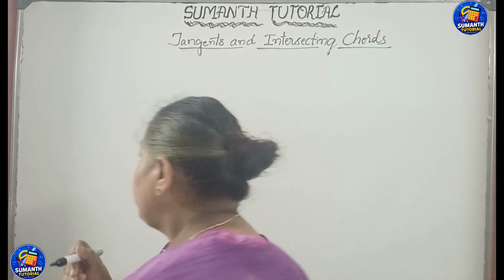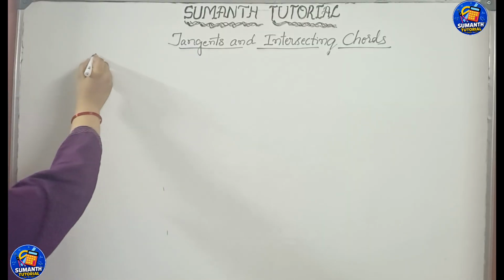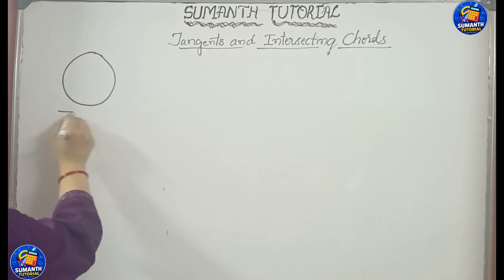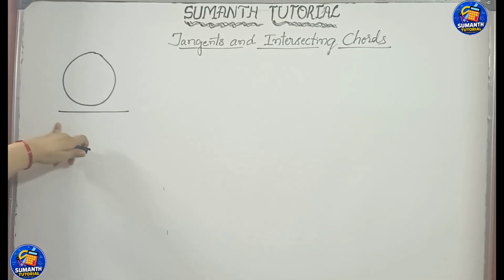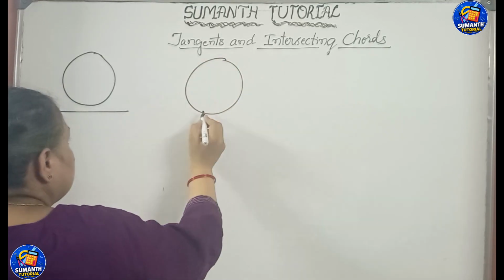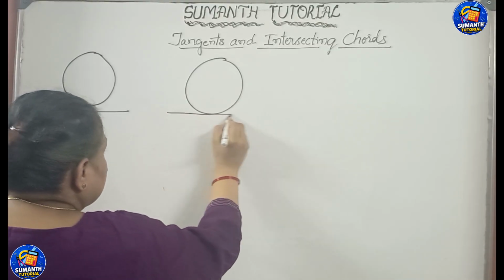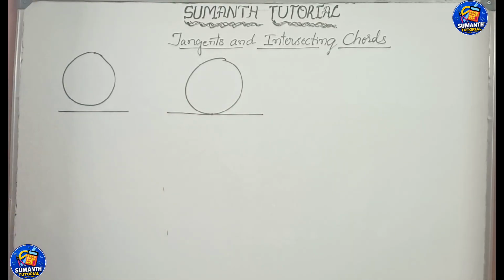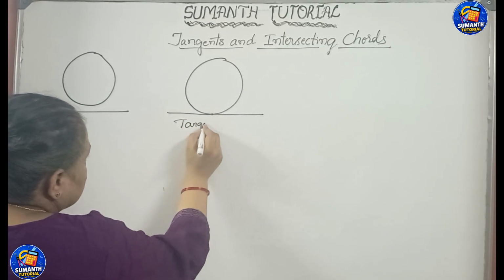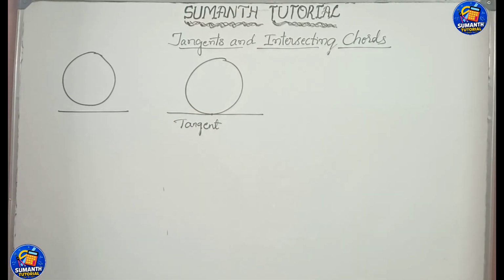Here, first and foremost, we know that for a circle, if you draw a line near to a circle, there is a gap in between. One way to draw. Second thing is, if you draw a line that intersects the circle at only one point, such a line is called a tangent.